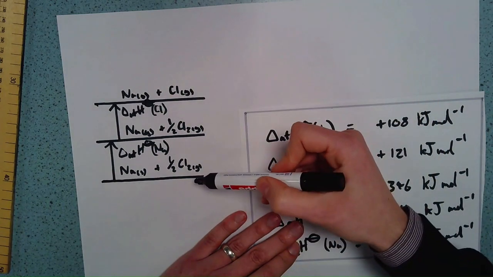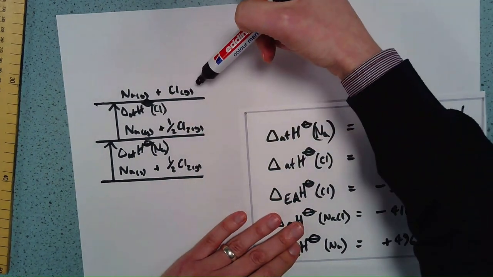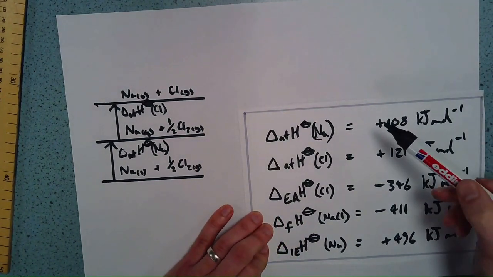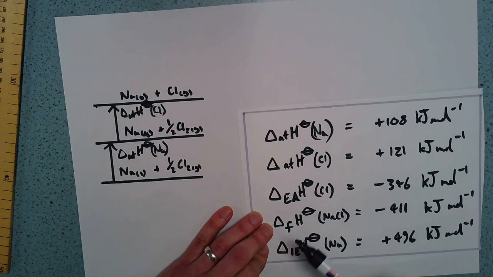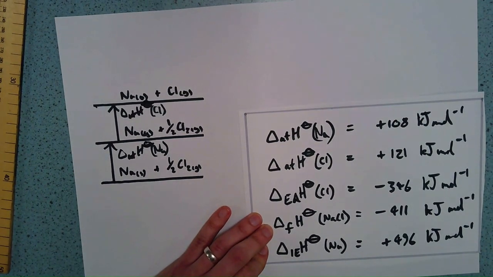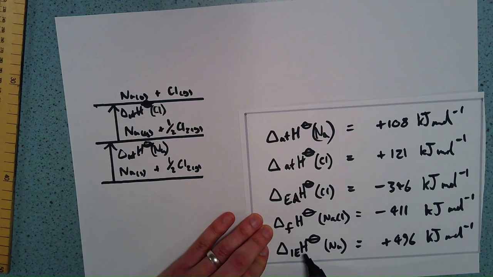The next stage is we've got the elements in the standard state turned into gaseous atoms. We need to turn them into gaseous ions. The first thing I'm going to do here is go for the sodium first. Again, I'm going to do the ionization energy of sodium first. So that is the one at the bottom there.